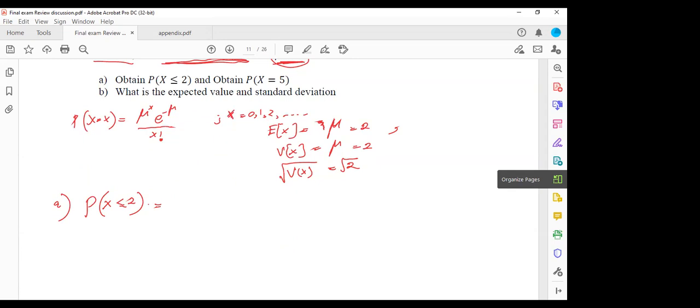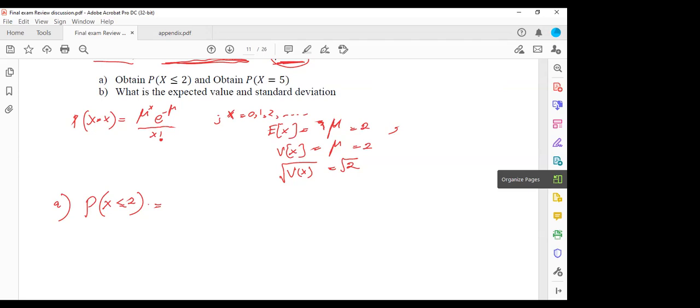Again, you can use the Poisson distribution table to get the value, or you can use option number 2, same as the last question. Option 1, use the cumulative Poisson table, or option 2, directly apply the Poisson distribution to solve this problem. I'll use the first one.